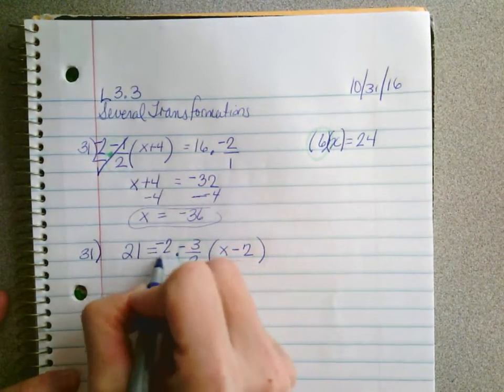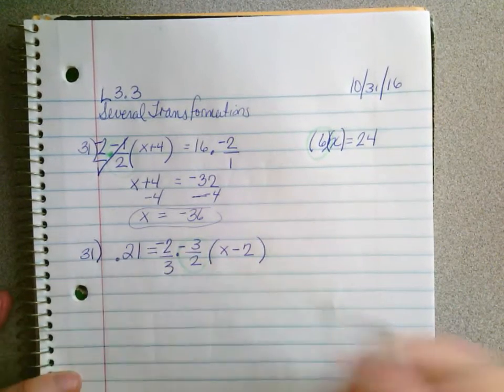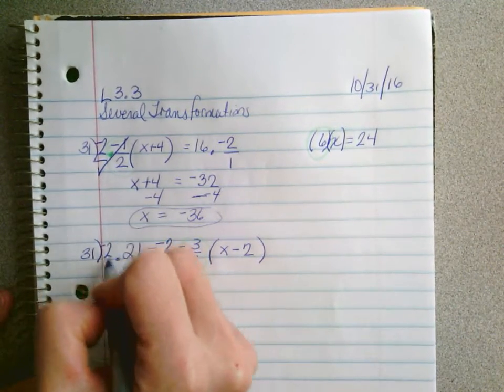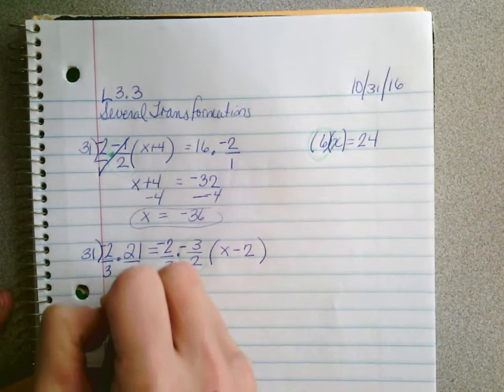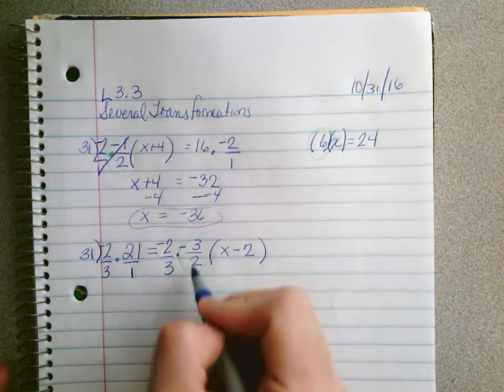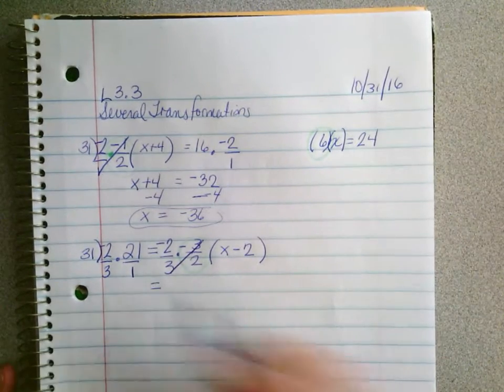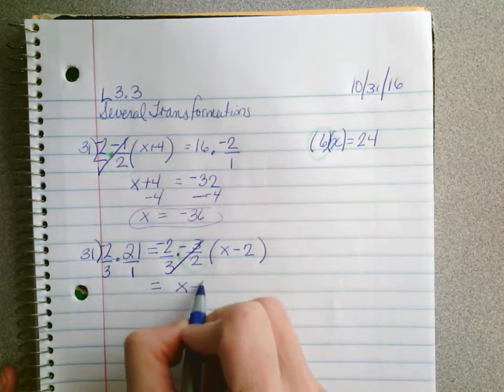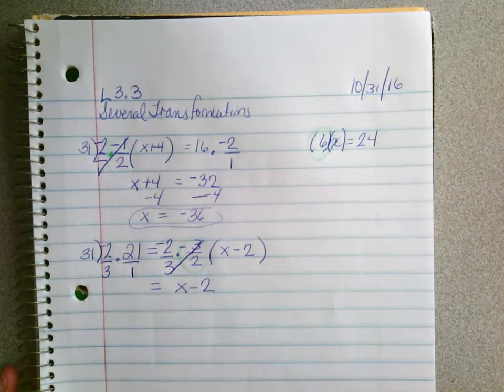Negative, same sign, 2/3. Remember, something's reciprocal is what would be multiplied by it to equal a 1. So negative 2/3 times negative 3/2 cancels itself out, leaving me with x minus 2 left here.